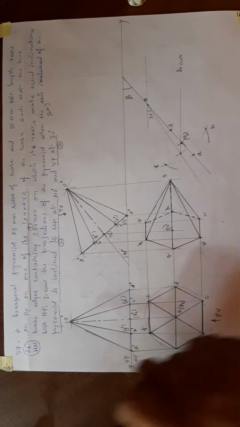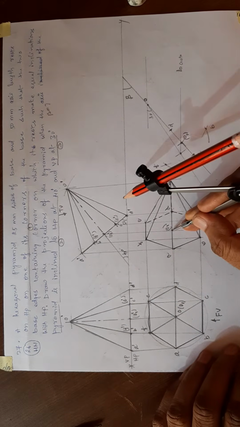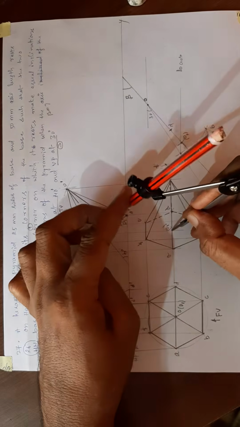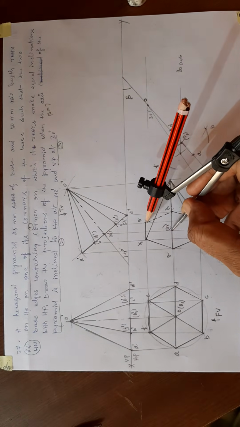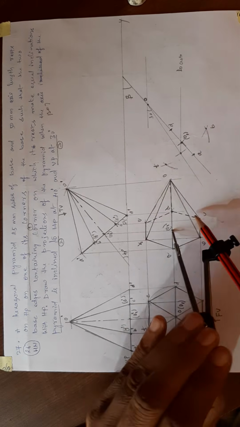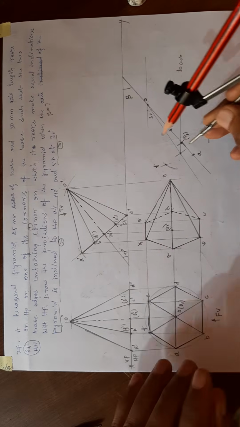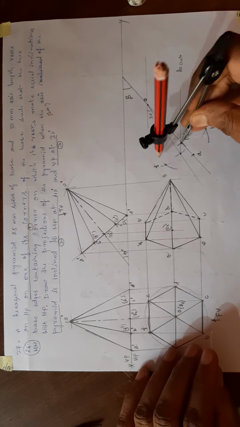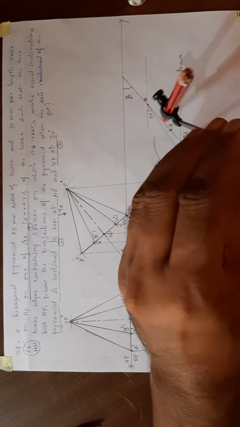Similarly you can get E and C. Take O1E. O1E is equal to O1C. So keep the compass at O1 and draw two arcs on both sides.